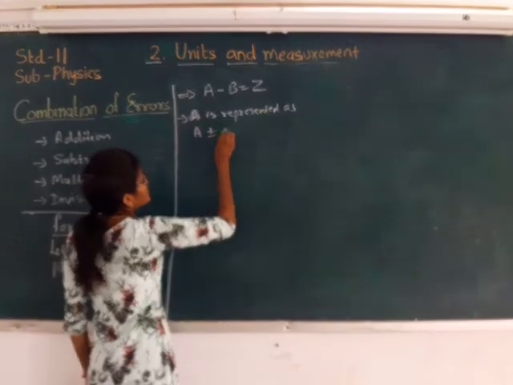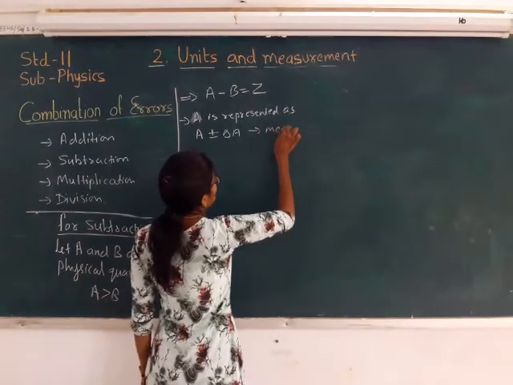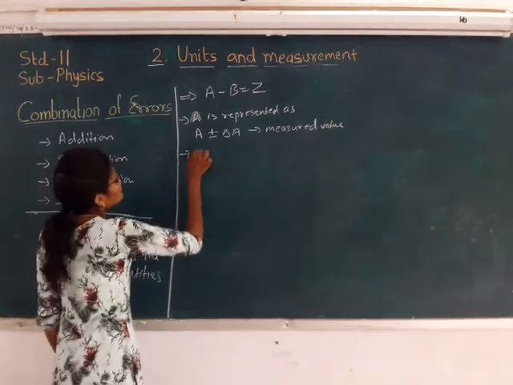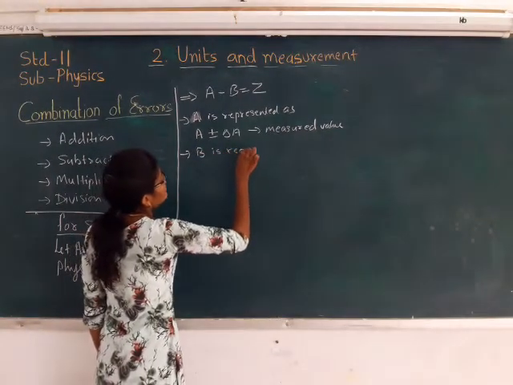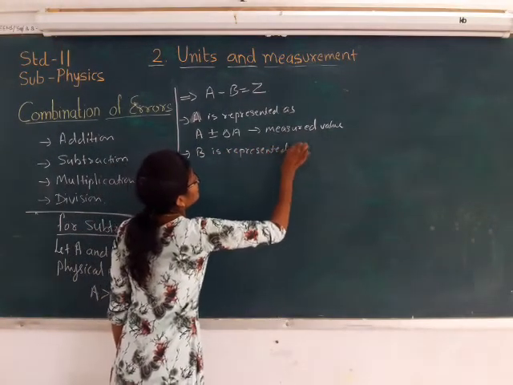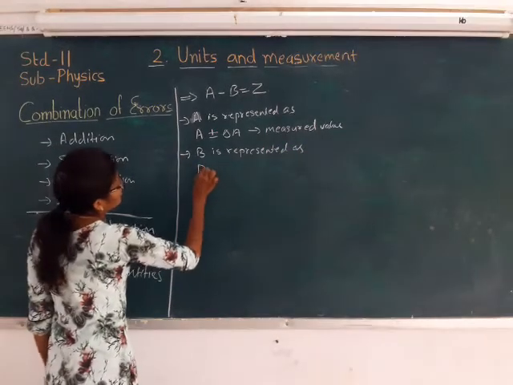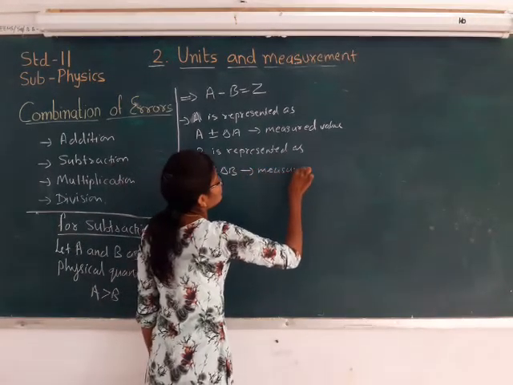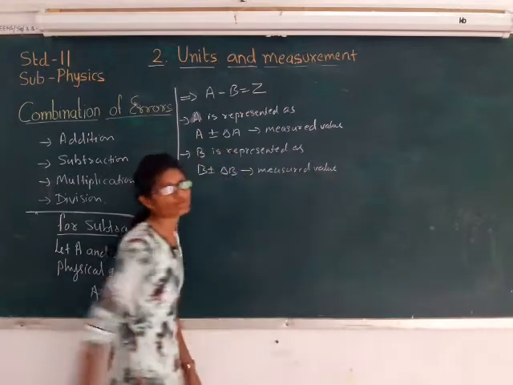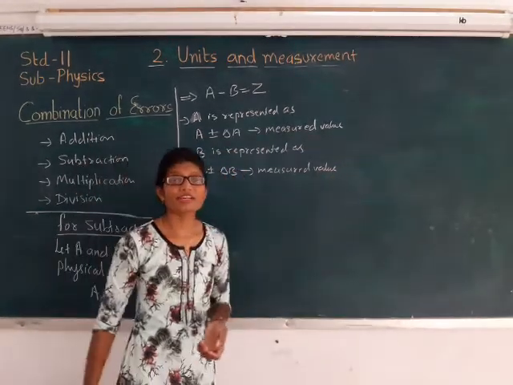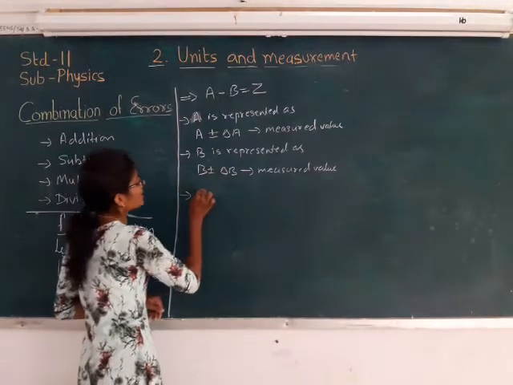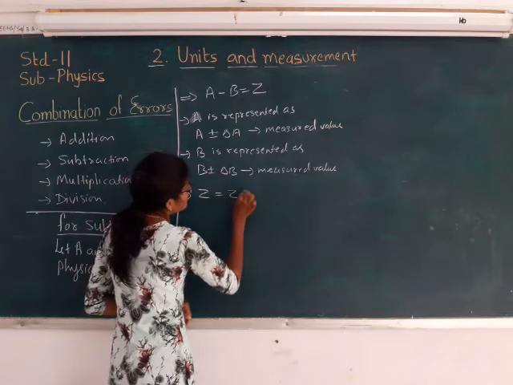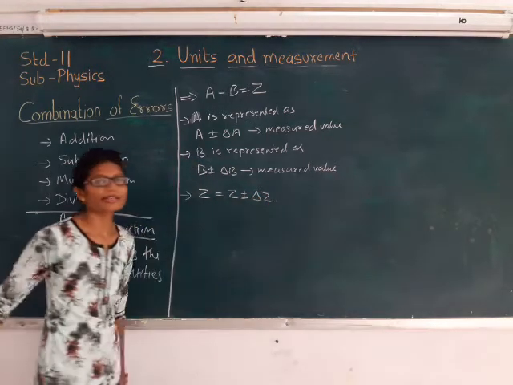Again, A can be represented as A plus minus delta A, that is its measured value. B is represented as B plus minus delta B, that is the measured value of B. So the result that we are getting can also be represented as Z equals to Z plus minus delta Z, right?